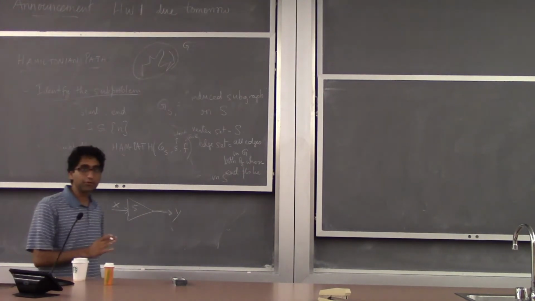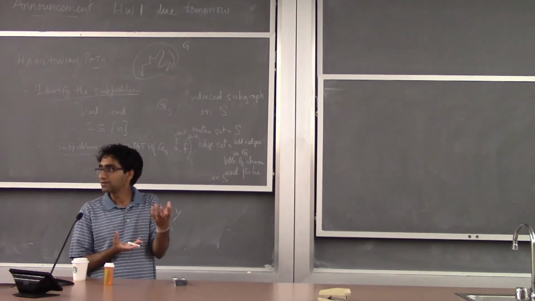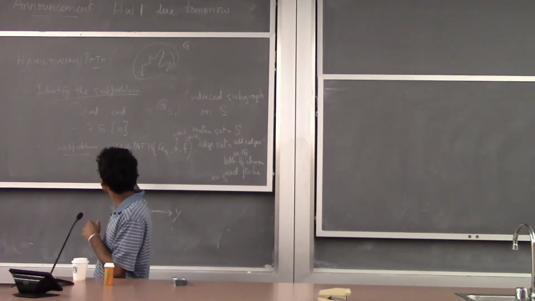When you're trying to solve a problem via dynamic programming, you should try to figure out what the subproblem should be. And in this case, this is what we've identified as the subproblem.